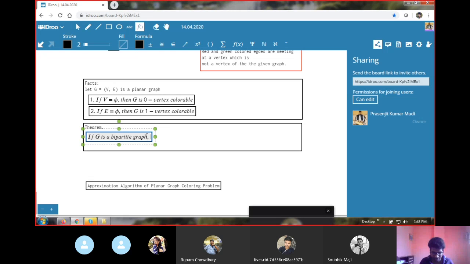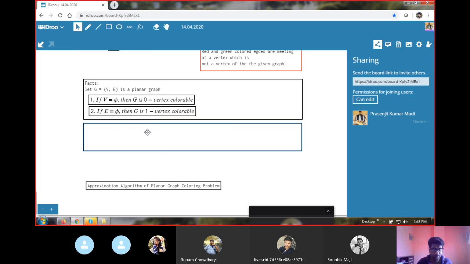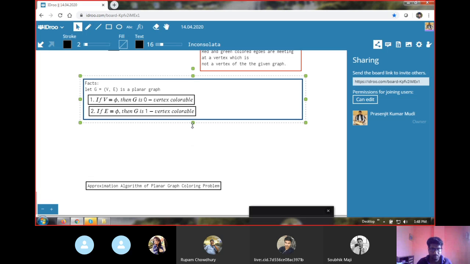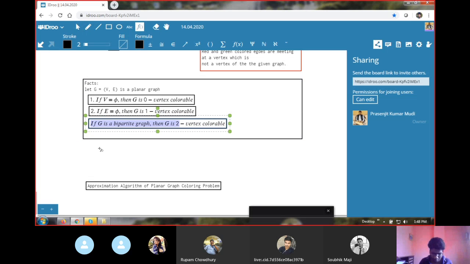So if G is a bipartite graph, then G is two vertex colorable. You can also include this as a third fact. So let me include that. This is the third fact.